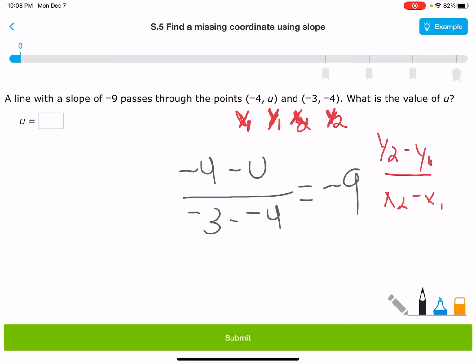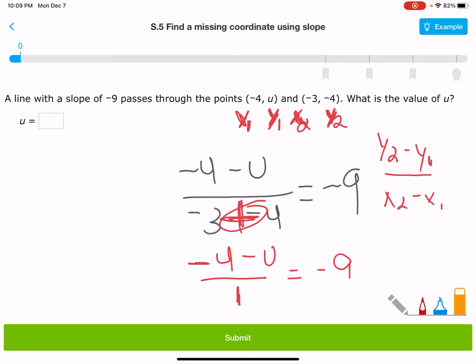The first thing we're going to look at is the fact that we have a minus a negative. When you subtract a negative, it becomes a plus sign. Subtracting a negative makes a plus sign. So negative 3 plus 4 is 1. So we have negative 4 minus u over 1 equals negative 9.